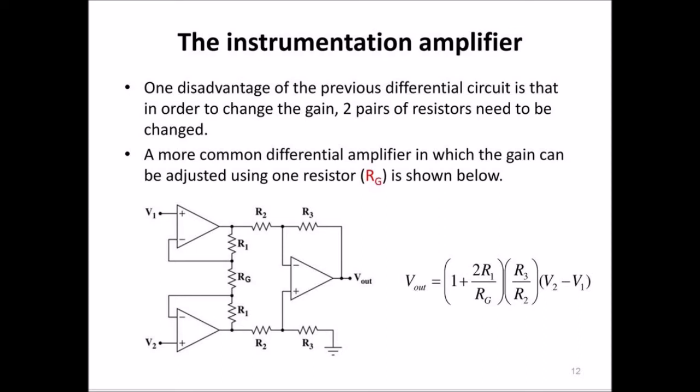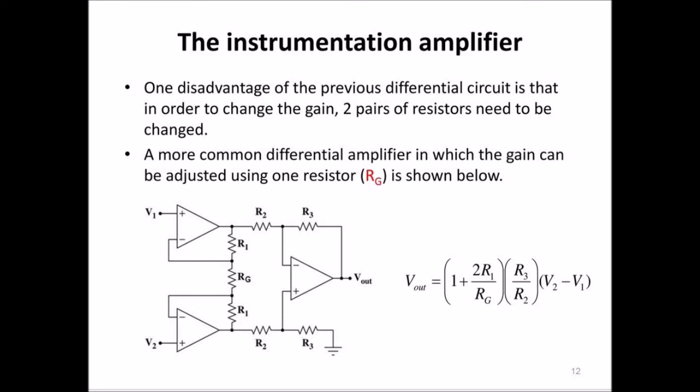Here V1 is the input and V2 is the other input, and R1 is common and buffer connected. R2 is also common, and R3 is also common. Therefore RG is the variable one, and the output is V out.